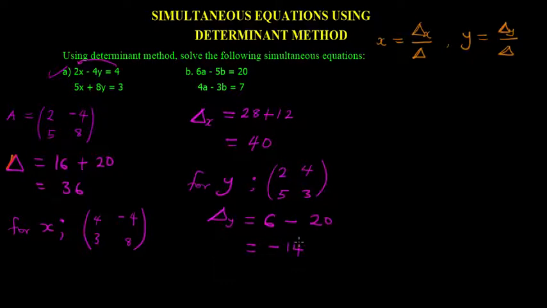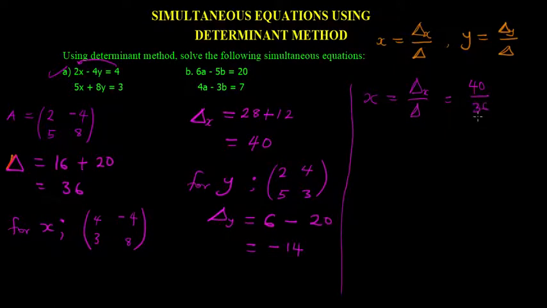Now that we have that, we can say our x is equal to the determinant of the part of x all over the general determinant, which is equal to 40 all over 36, which becomes 10 over 9, which in turn becomes 1 whole number 1 over 9.